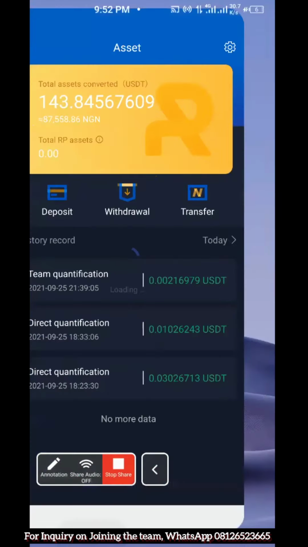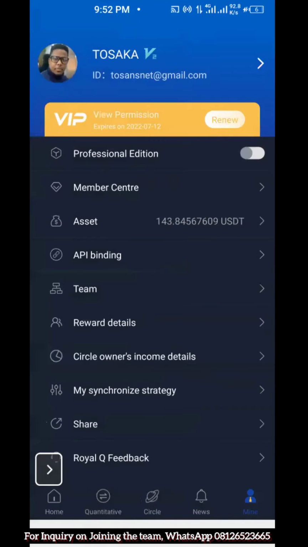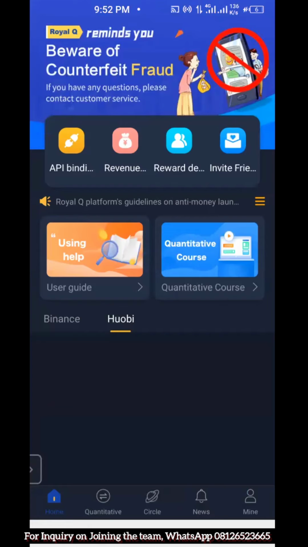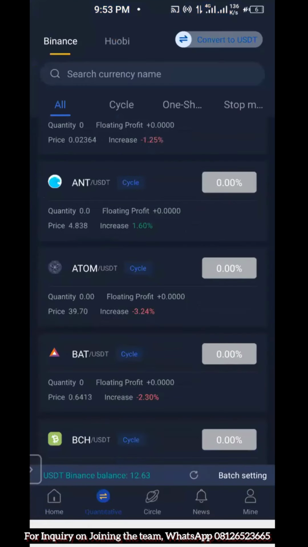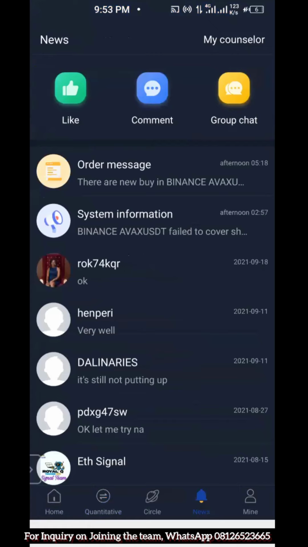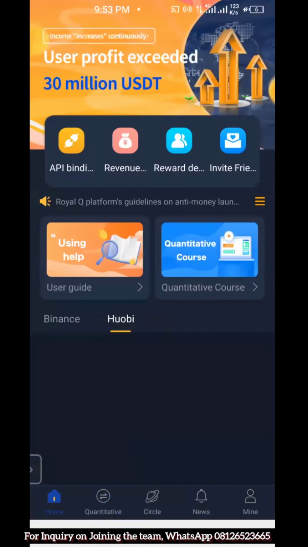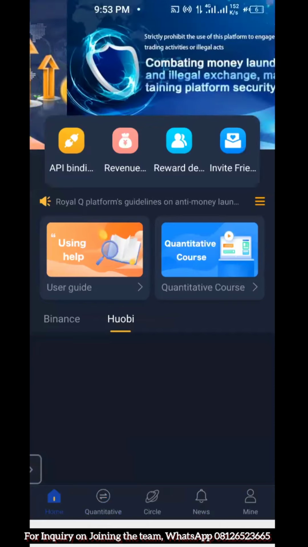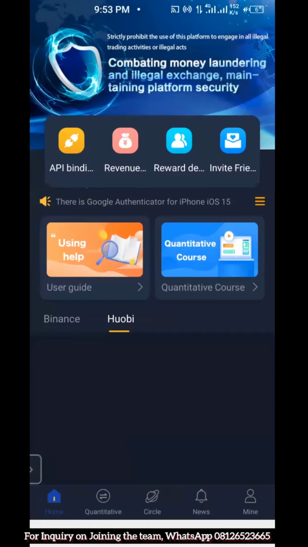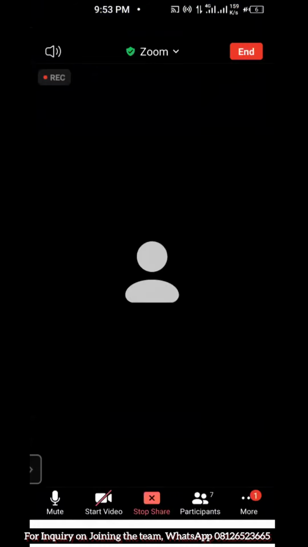Okay, so the second question I want to ask is this. Let's assume that I have 1,000 in my Binance, and based on the trade that I've set, I've used the entire 1,000. Let's assume I've said maybe 7 calls or something, and by the time it is on the 5th call, the entire amount that I have in my Binance is exhausted.